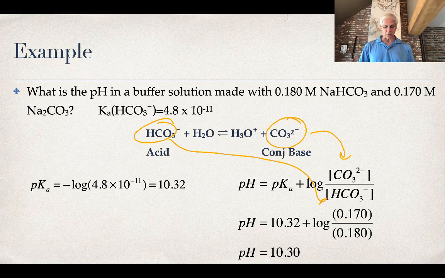So we have the pH is equal to 10.32 plus log of 0.17 over 0.18. And notice the difference between the pKa and the pH is only 2/100ths of a pH unit. So that's that adjustment made by the ratio of your conjugate base and acid ions present. So it just had a little effect on there.